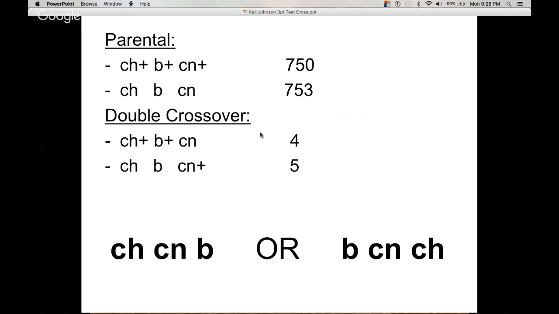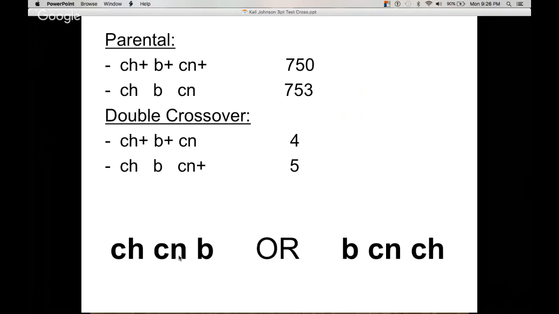And then the double crossovers occur the least frequently, and that would be the CH plus B plus CN, CHB, and CN plus. And so what you look for is the gene that is not paired or associated with the same ones it was the first time, or in the parentals. So in this case, that gene is CN, so you know that one is in the middle.